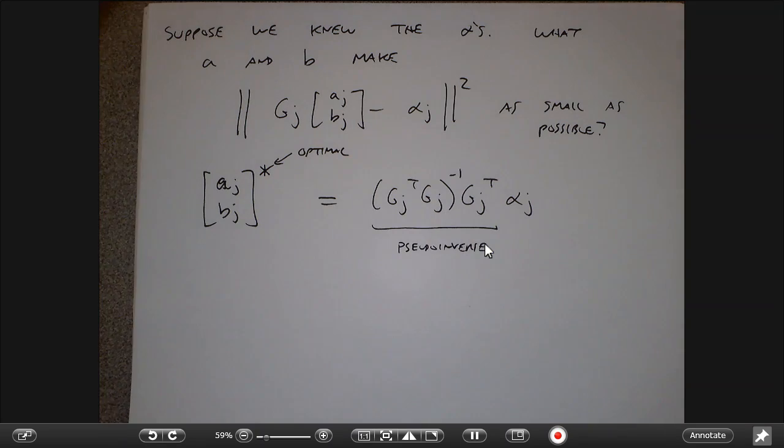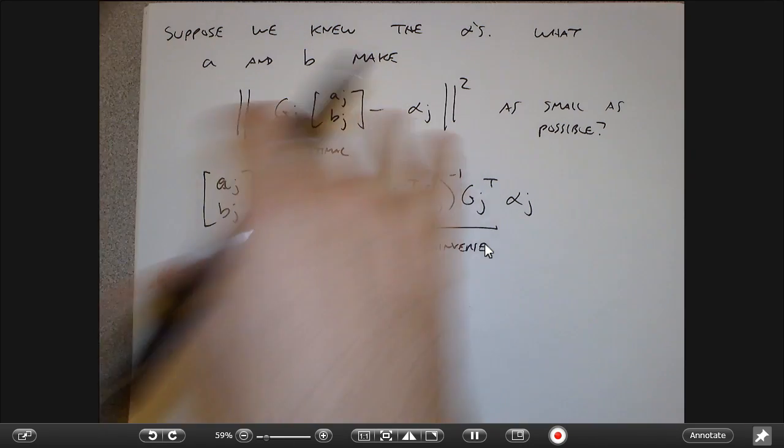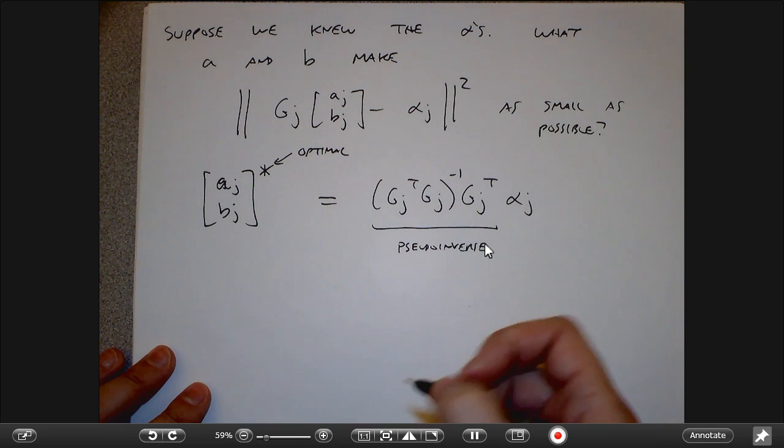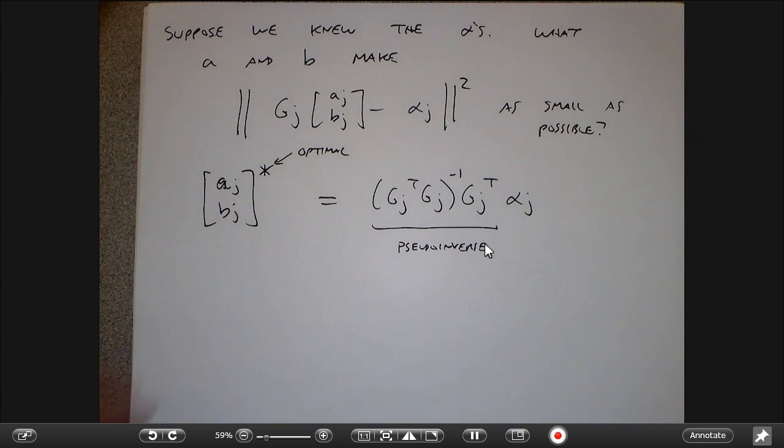That's like saying that I can't necessarily satisfy this equation exactly, but the best I can do is this least squares solution. And so this is a clever way of saying that if I told you alpha, I would know exactly the right A and B to use. So in some sense, A and B are exactly functions of alpha, right?